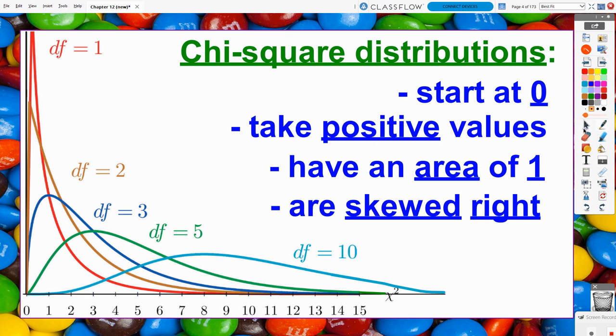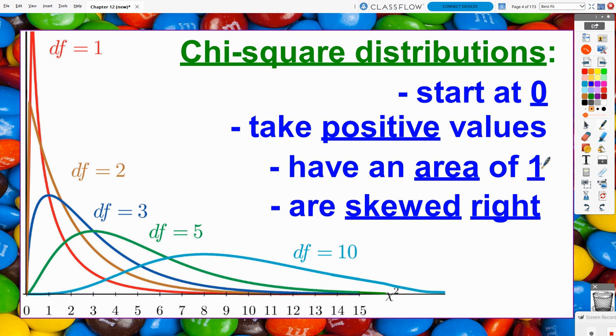Now, some characteristics specifically. All chi-square distributions start at 0. There are no negative chi-square values, so they only take positive values. Just like with normal distributions and t-distributions, they still have an area of 1 or 100%.